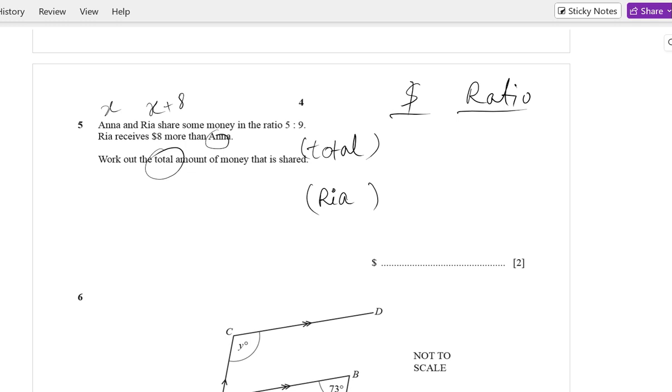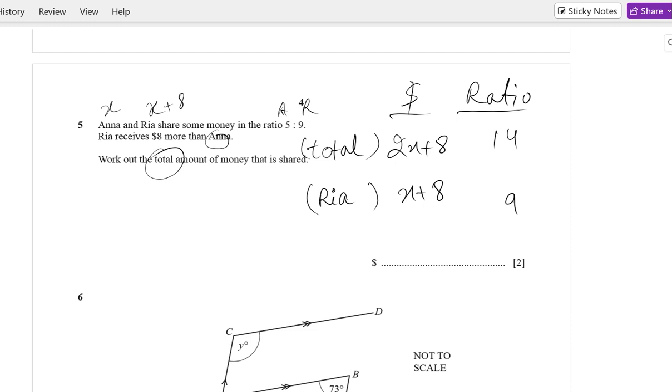So the total ratio is 14 and Ria's ratio is 9. Obviously, this is Anna and this is Ria. That's 9. So what would be the total amount? If Anna's amount is X, Ria's amount is X plus 8, total amount would be 2X plus 8, and Ria's amount would be X plus 8.